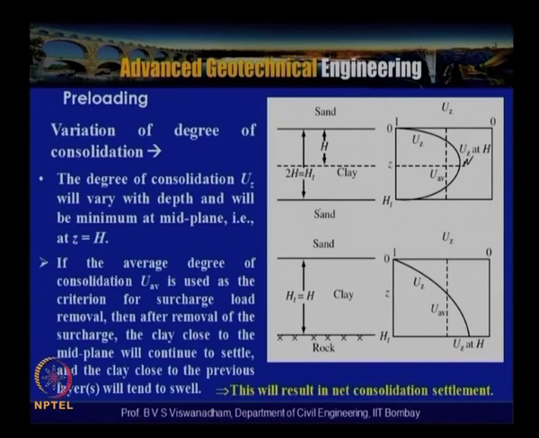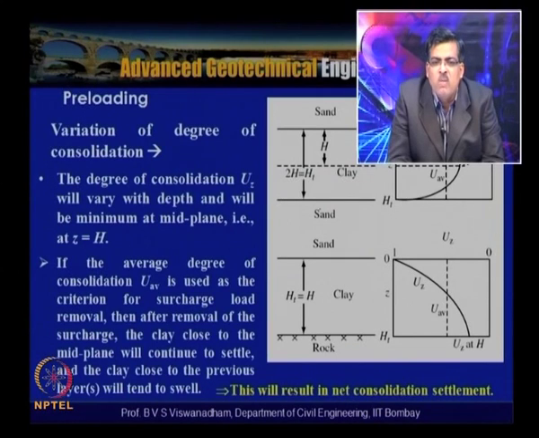So if the average degree of consolidation U average is used as the criterion for surcharge load removal, then after removal of the surcharge, the clay close to the mid plane will continue to settle, and clay close to the pervious layers will tend to swell.